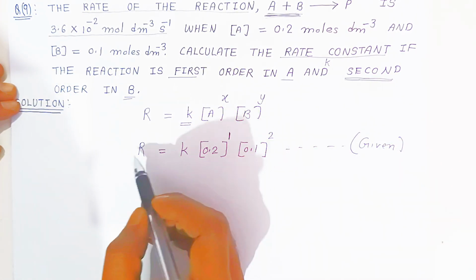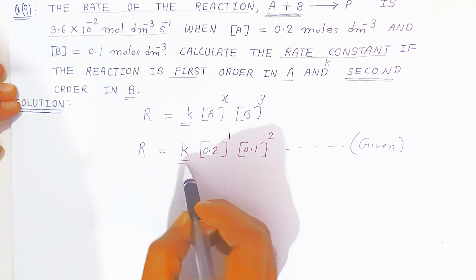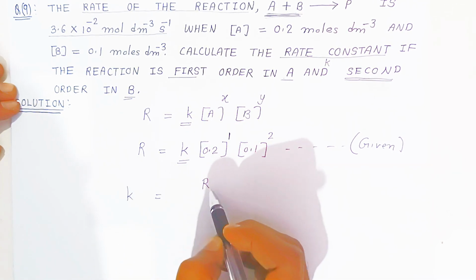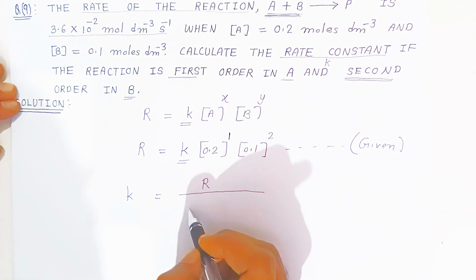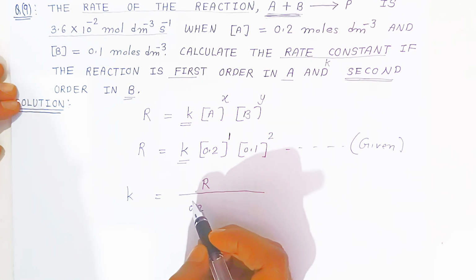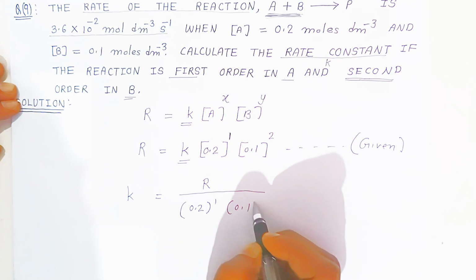Now since R, capital R, is given and you want to find K, that is the rate constant, K will be equal to the rate divided by 0.2 raised to 1 into 0.1 raised to 2.